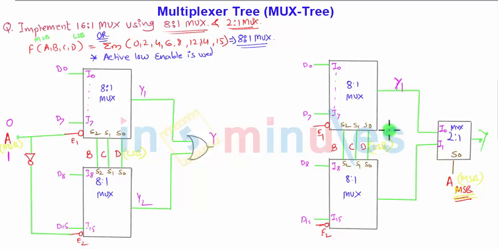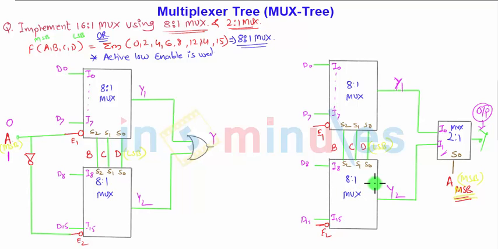So when A is equal to 0, only the output from the first IC will be taken out and forwarded to Y, that is nothing but the final output here. And if A is equal to 1, definitely it is going to select the I1 input of the 2:1 mux, and I1 is nothing but the Y2 output from the second 8:1 mux. So this is how you can implement it.